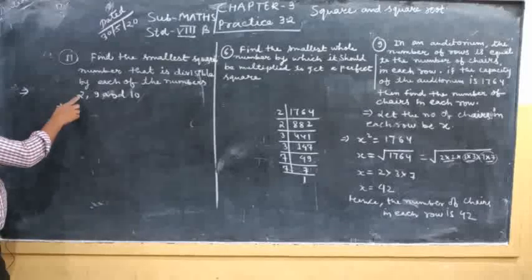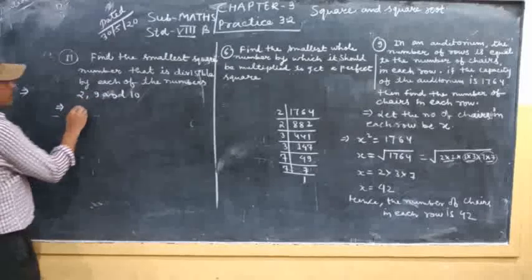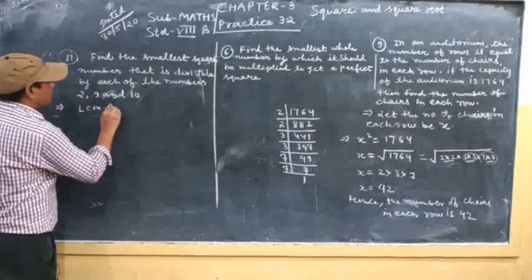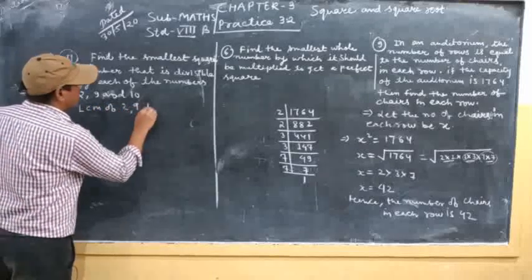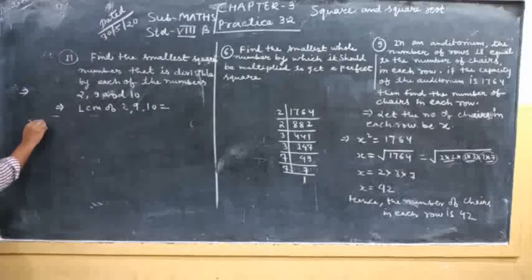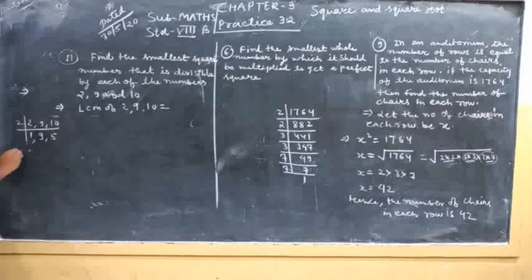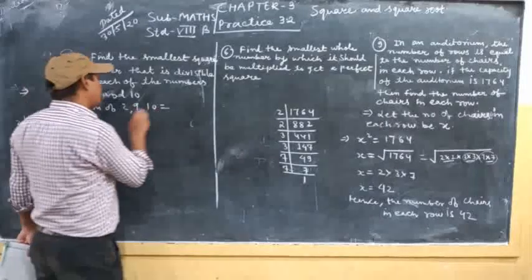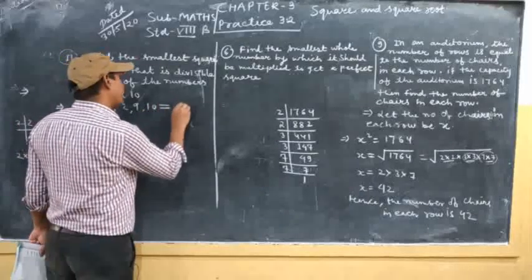So we find the LCM of 2, 9, 10, which is 2 into 9 into 5, equal to 90.